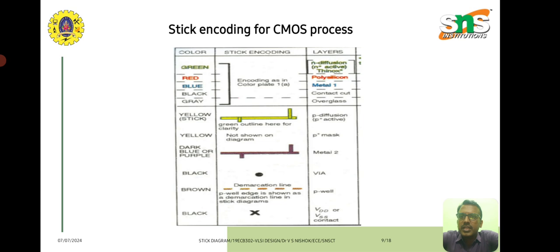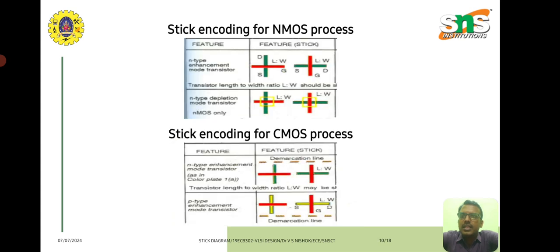The demarcation line, which separates the PMOS from the NMOS, is shown in brown. To represent VDD and VSS, we use the black cross, which represents the VDD contact and VSS contact. Similarly, here we can see the diagram as we discussed.